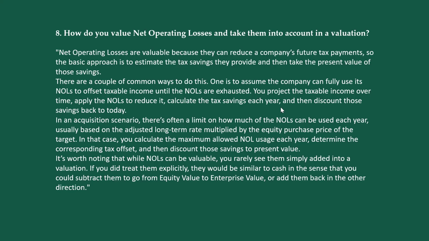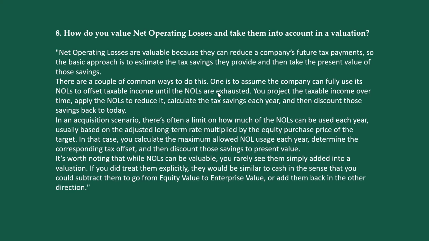This is straightforward, but works best for companies expected to generate sufficient taxable income in the near future. So this is the full utilization assumption. We are assuming that we will fully utilize our net operating loss.